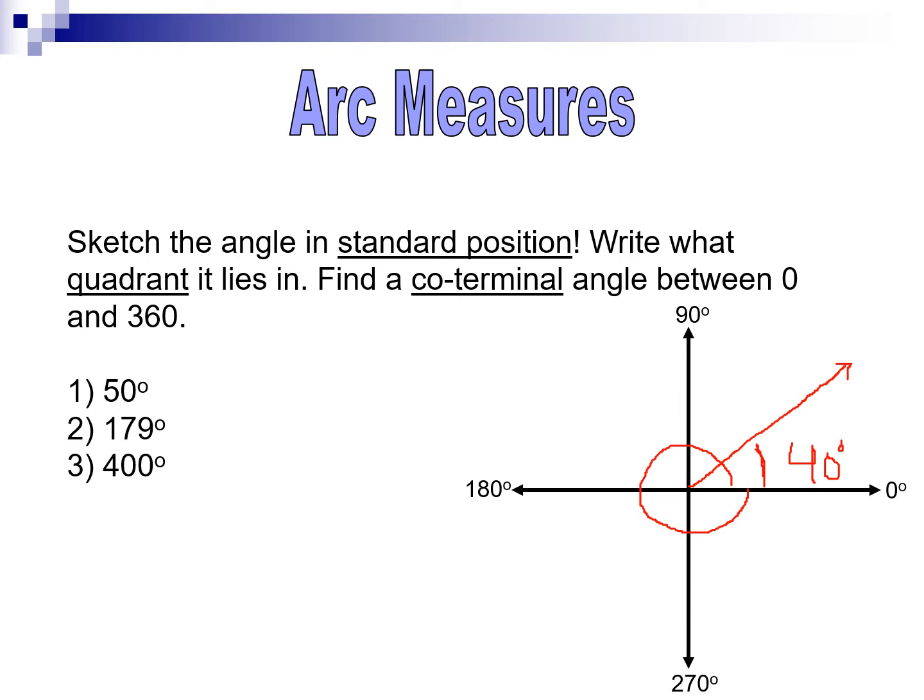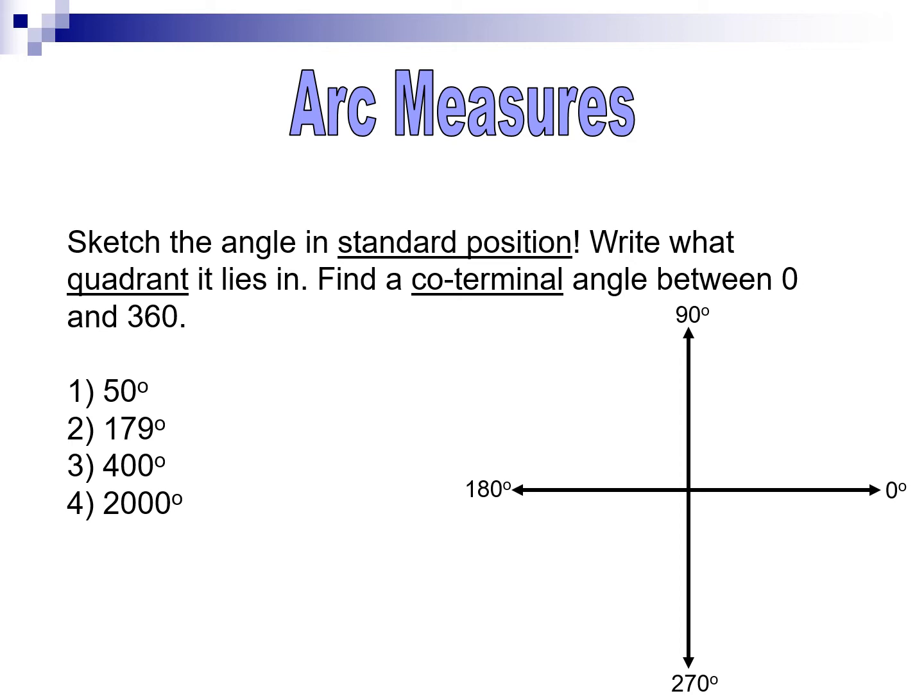Let's do one more example. 2,000 degrees. Now, as you can imagine, 2,000 wraps around the graph many times.